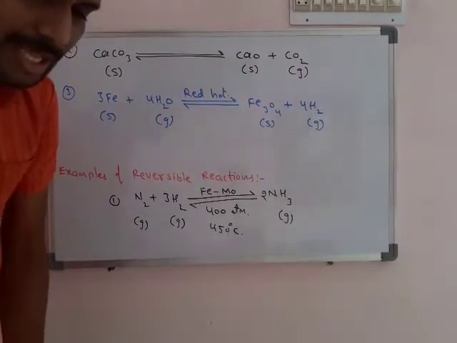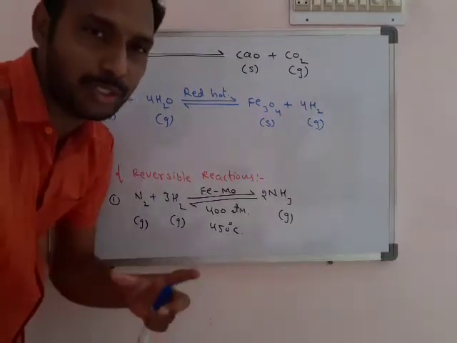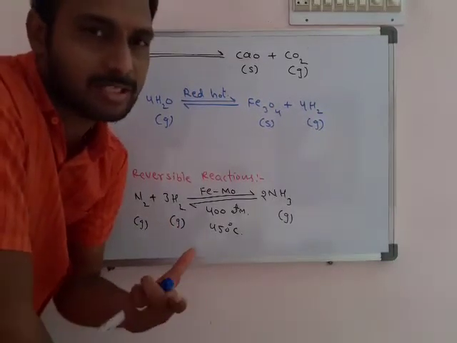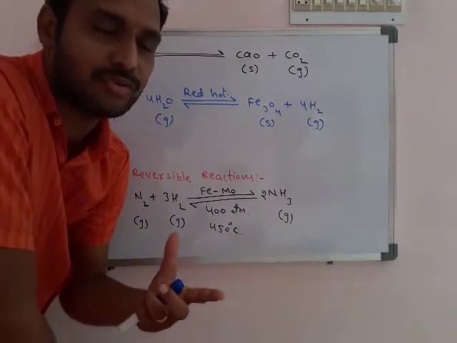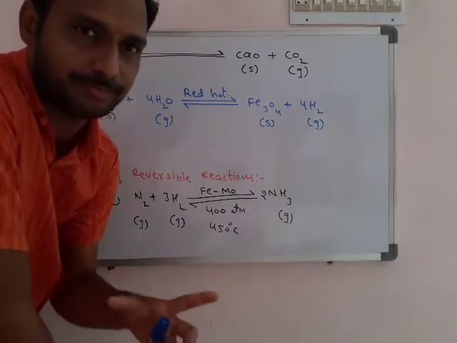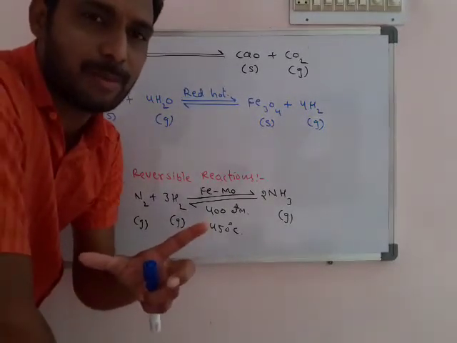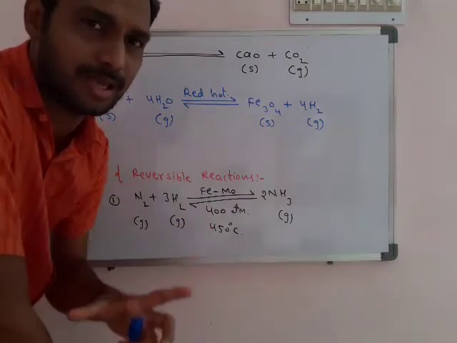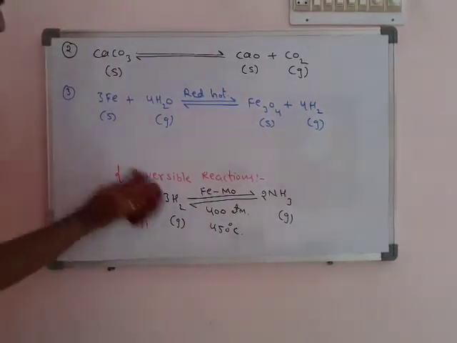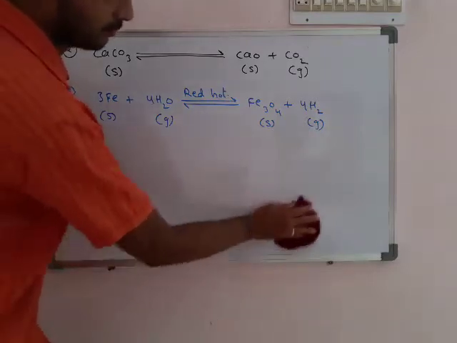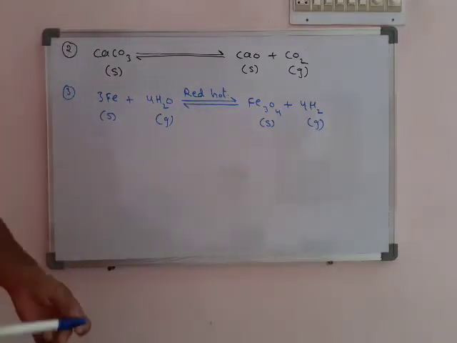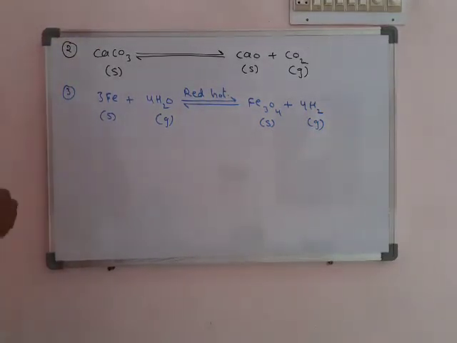There is no technique to know whether a reaction is reversible or irreversible. We have to go by the given examples, but if we are given an unknown reaction, finding out whether it is reversible is not possible for us. But it is compulsory to remember at least a few examples. So I give some more examples.